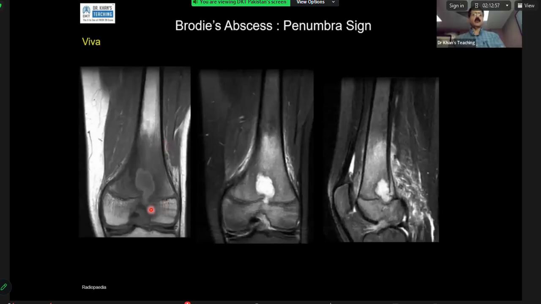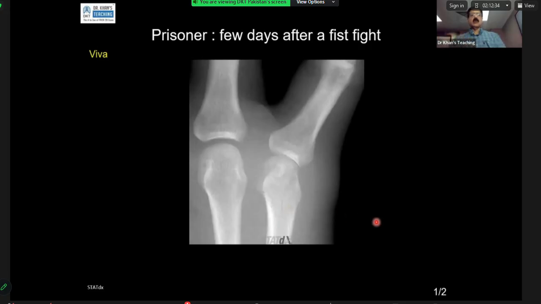Excellent. So the main point to remember is that on a T1 weighted sequence, a Brodie's abscess or intra-osseous abscess has a high signal rim. This is the key point to remember, and you can call it a Brodie's abscess. This one, again, is metaphyseal, but it is also extending to the epiphysis.